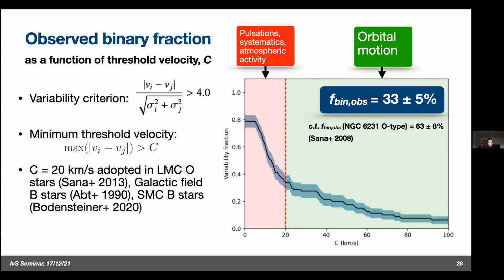There are further studies, I believe, being done on how this threshold velocity can change with the luminosity class and the spectral type of the star. So this can vary quite a lot. I think it goes from anywhere from 5 to 30 kilometers per second for these stars. So it's definitely something I'm going to keep an eye on, but for this study in particular, I don't think it's going to be a problem.